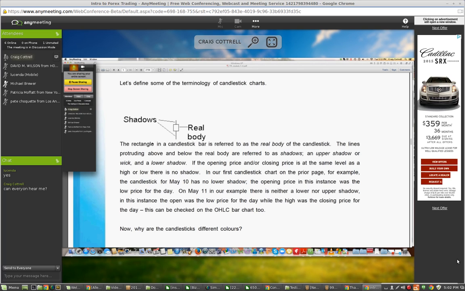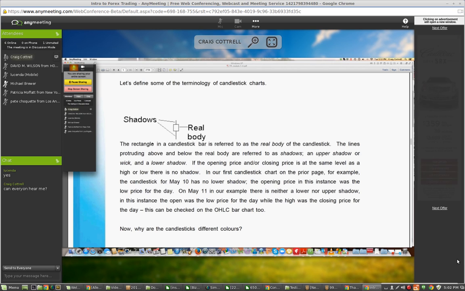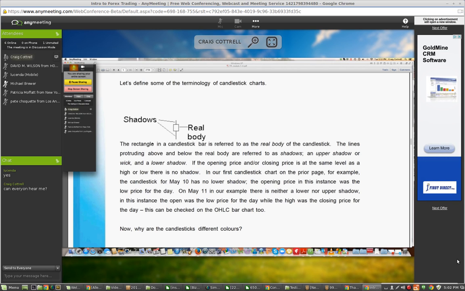If you recall from past webinars, each candlestick represents a fixed period of time. That could be 1 minute, 5 minutes, an hour, a day, a week, a month, or a year. Different time frames.